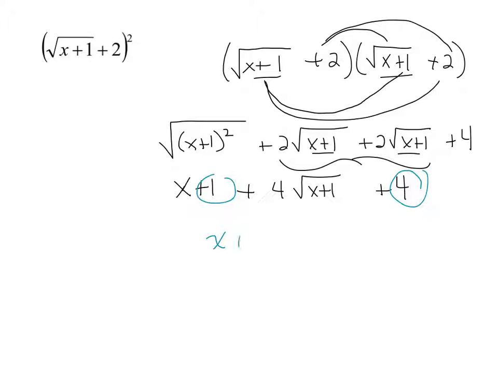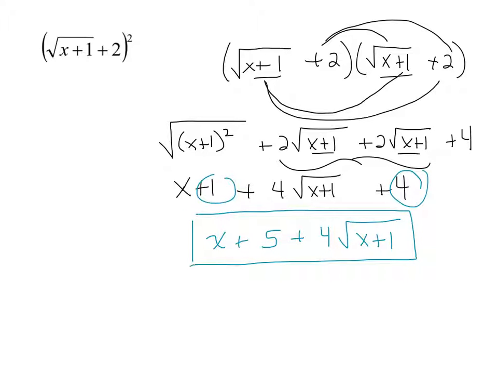So I could finally write it as x plus 5 plus 4 radical x plus 1. And again, it doesn't really matter the order that you put it in. Could be the 5 first, the x first, the radical x plus 1 first. Doesn't really matter. So those are some kind of multiplying problems that you could do with radicals.